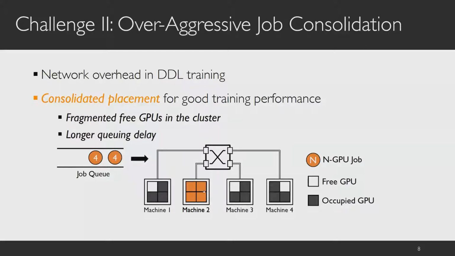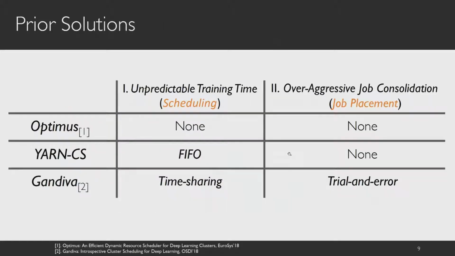So even though you have optimal performance on a single machine, your job has to wait for that resource to be available, and you also create fragmented free GPUs in the cluster. For example, these 3 GPUs then cannot satisfy the second job, and you don't have anything to run on the single GPUs lying around.